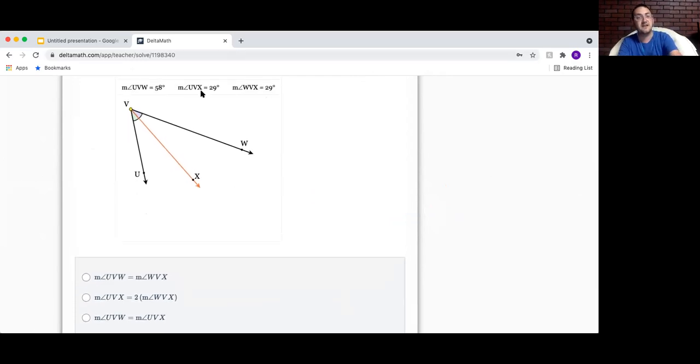All right, next one. This says that UVX is 29. So I'm going to say that 29 is equal to 2 times the angle of WVX. So that's 2 times 29. That means that 29 is equal to 58. And the answer to that is no. That does not work. The next one: UVW, which is equal to 58, is equal to UVX. That does not work.